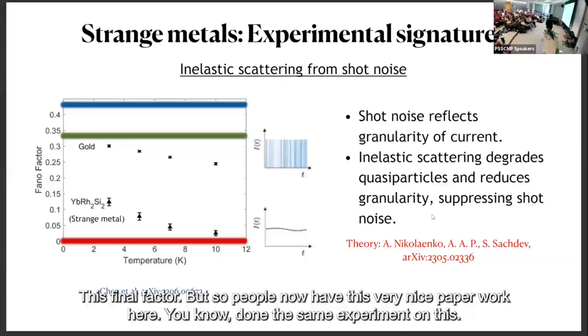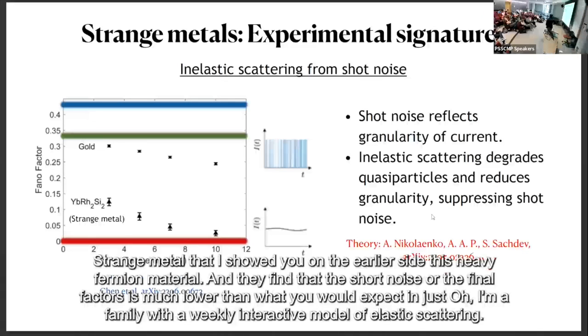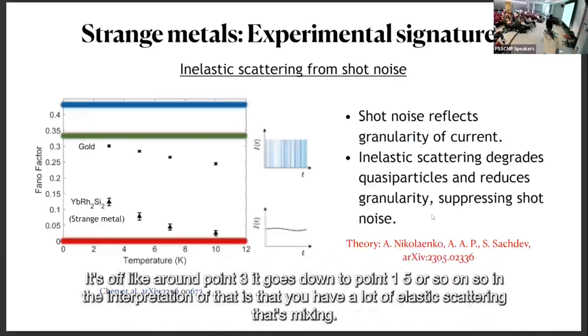They have done the same experiment on this strange metal that I showed you on the earlier slide, this heavy fermion material, and they find that the shot noise or the Fano factor is much lower than what you would expect in just a Fermi liquid, a weakly interacting metal with elastic scattering. Instead of around 0.3, it goes down to 0.15 or so.